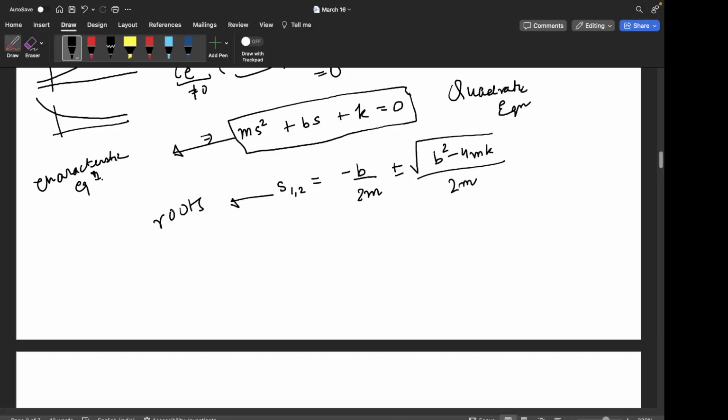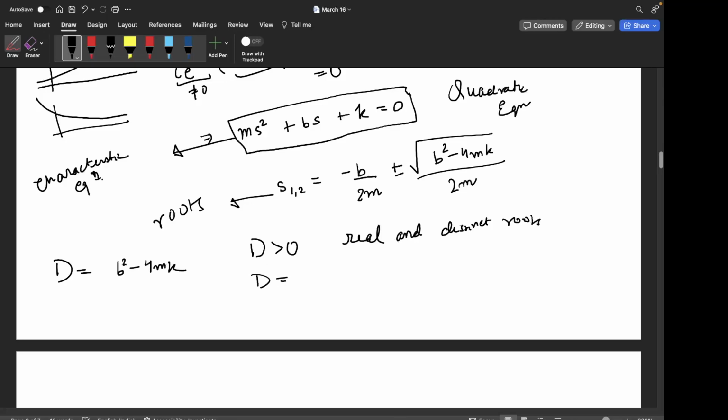And that is being decided by the quantity under the square root, which is b square minus 4mk, the discriminant. So this discriminant is b square minus 4mk. If D is greater than 0, we have real and distinct roots.